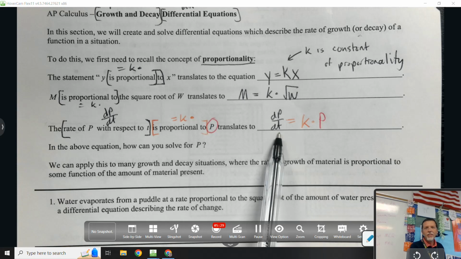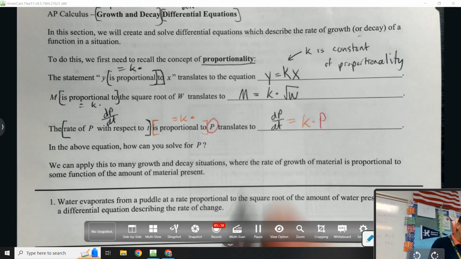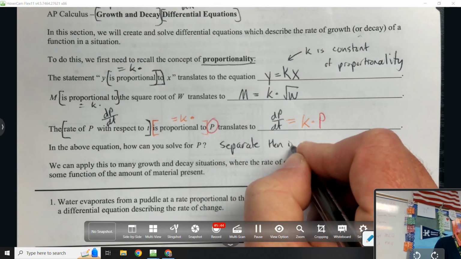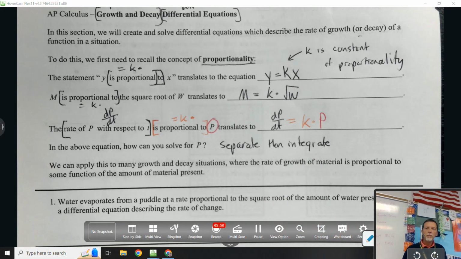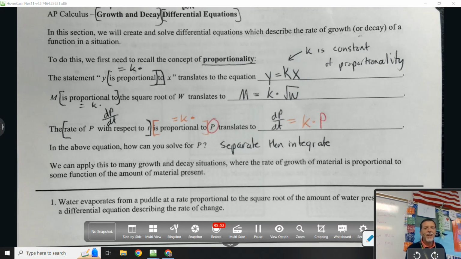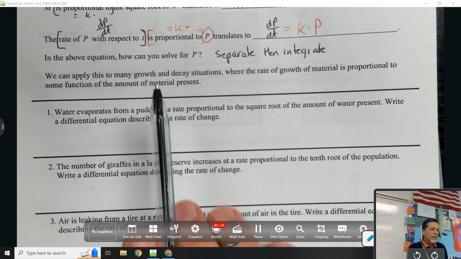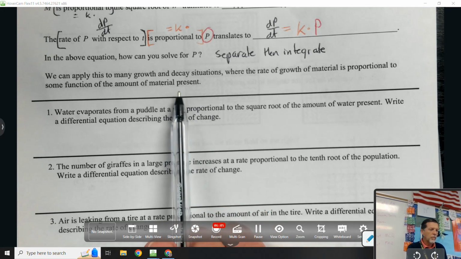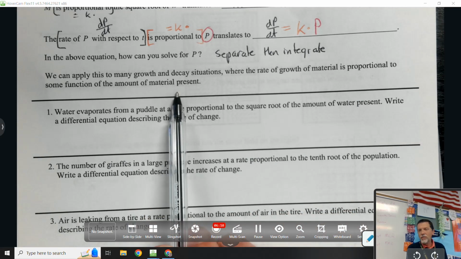And so this now is a differential equation because it's got a derivative in there, and we would separate and integrate. In fact, there's the next question. In the above equation, how can you solve for P? Well, separate and integrate. Get all the P stuff on one side, all the T stuff on the other side, and then integrate. And this happens in quite a few real life situations where the growth of the material is proportional to how much of the material is there.